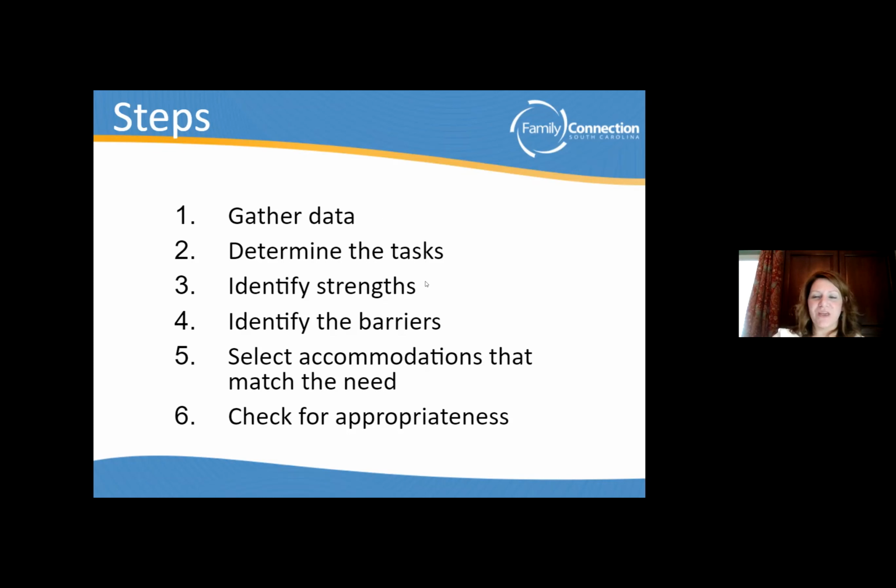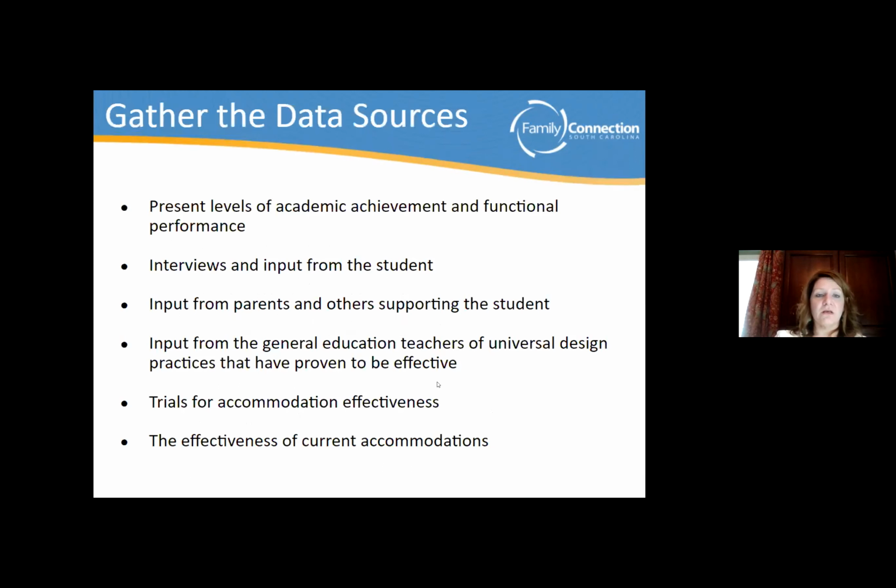There is that portion of the IEP at the beginning that talks about the strengths, and then the weaknesses and the impact of the disability. And this is where you should start building those ideas for how the accommodations may be needed, because you've identified strengths, you're identifying any barriers, and then that aids with selecting the accommodations that match the need. And then, of course, as another step, we must always check to make sure that the accommodation is appropriate.